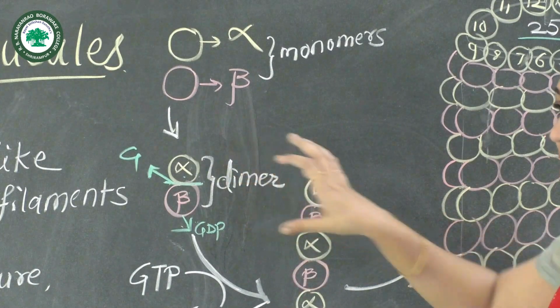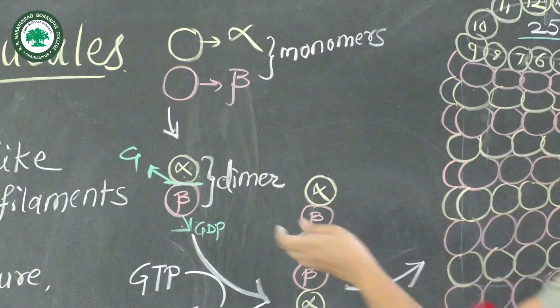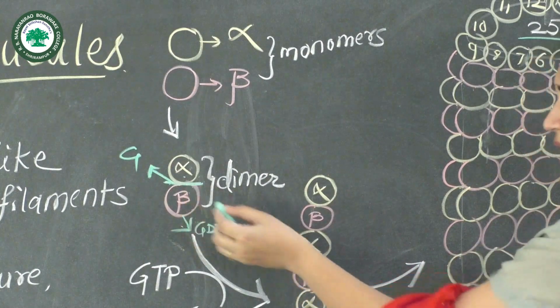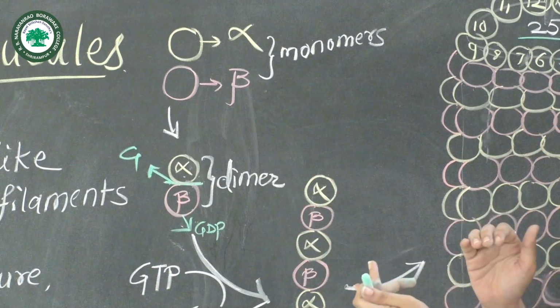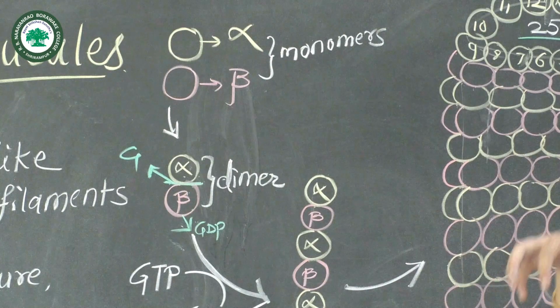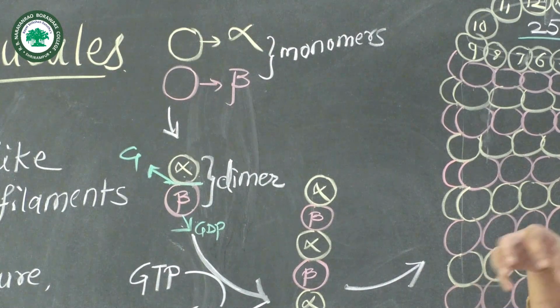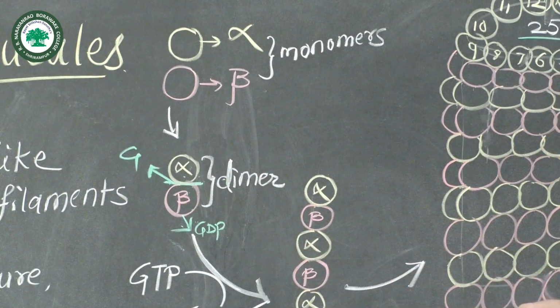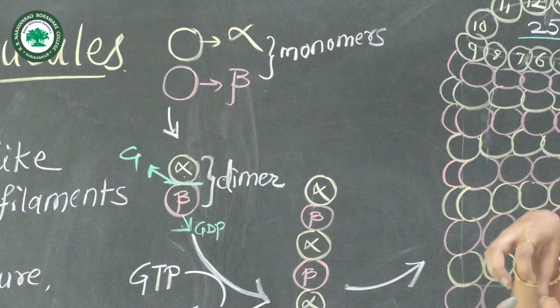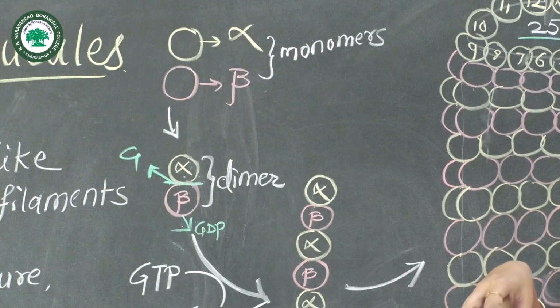What happens due to attachment of guanine at this alpha and beta interface? It doesn't give space for the hydrolysis, and so it makes the attachment stronger.